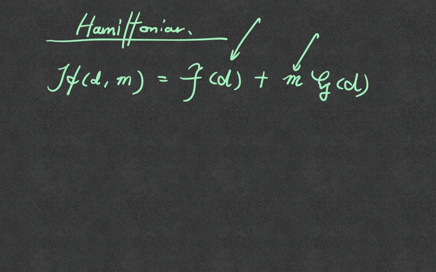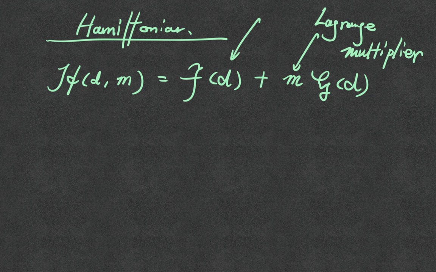M is unknown. We don't know what it is. It's called the Lagrange multiplier. In this particular case, F is the energy, and M times the constraint also gives us another energy. M and G(D) are conjugate to each other.